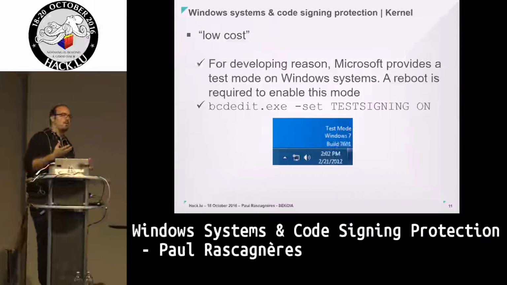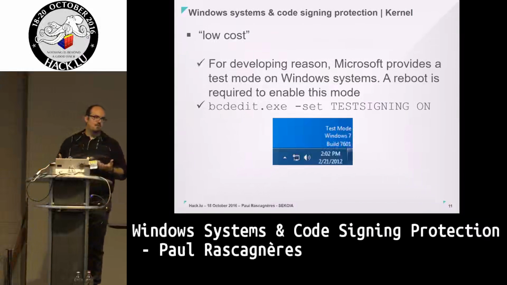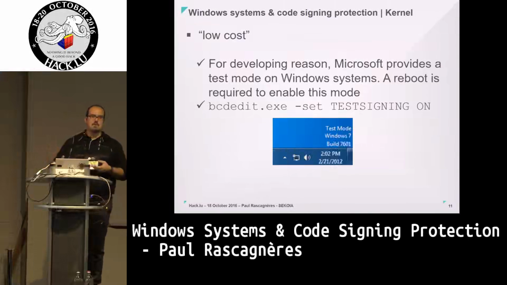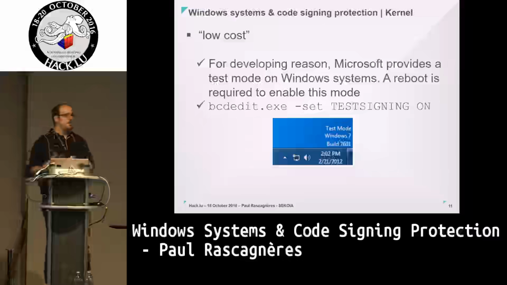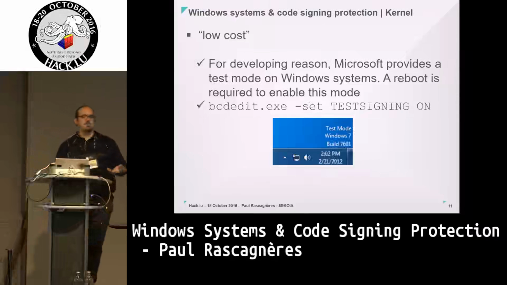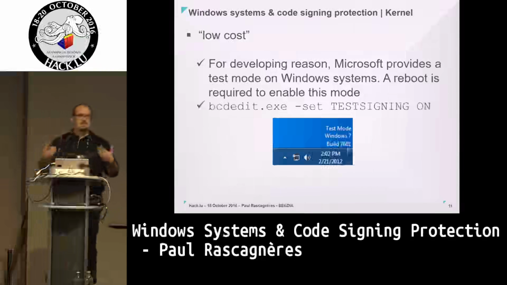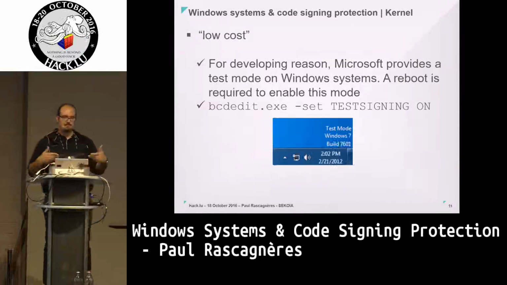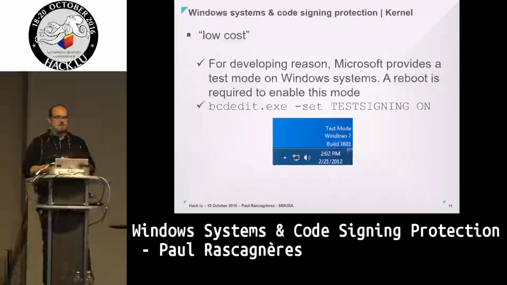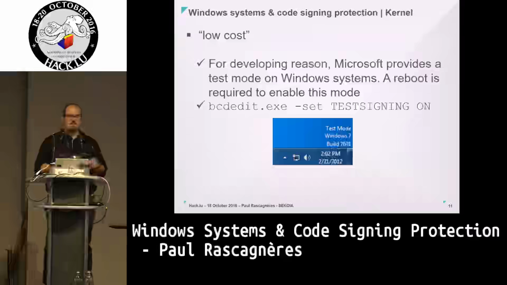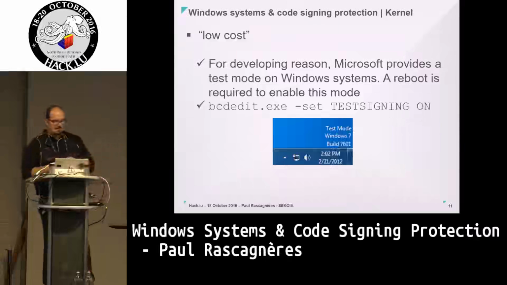For obvious reasons, you can disable the signatures. If you are a developer, you don't want to sign your driver at each new line of code to be able to load it, test it, crash your system, patch it, etc. You cannot sign your binary each time. So you can enable something called testing mode by Microsoft with the bcdedit command, as you can see.